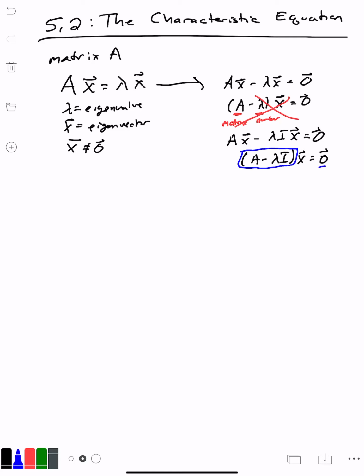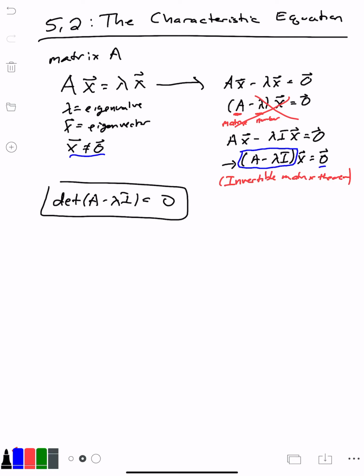Now, we saw before that certainly if x is 0, this is a true statement, but we want, again, a non-zero vector x to solve this equation. And if you remember the invertible matrix theorem, which you may or may not remember at this point in time, if I want a non-zero solution to this equation, then the only way that can happen is if this matrix here is a singular matrix, or in other words, the determinant is 0.